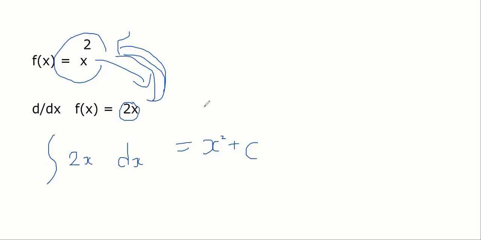Now, before we solve many problems, why do we write plus c when we do integration? Anybody can tell me? Why we write plus c when we do any integration? Any one of you? Sir, in differentiation, in the last step, we also differentiate the constant.